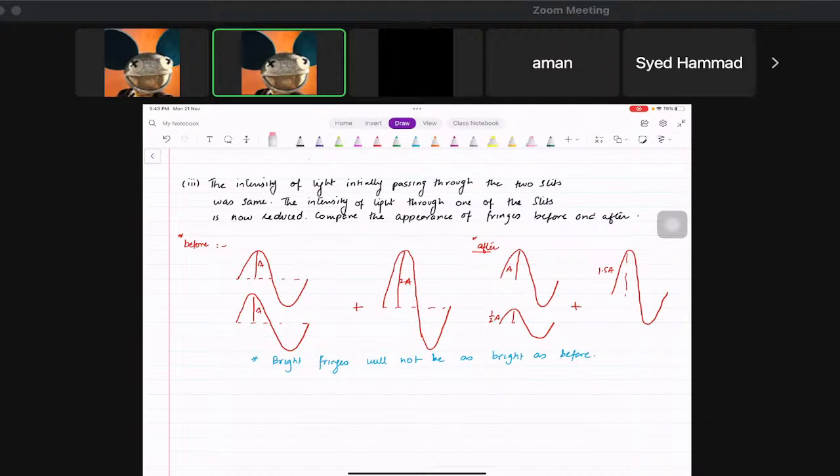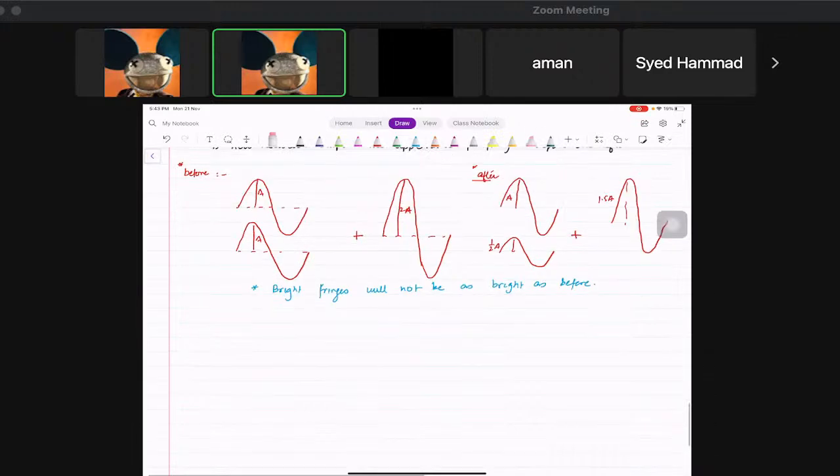Now, this was constructive interference. So what happens to destructive then? So suppose initially when we had the wave like this and the other wave, wait a second please. Okay, I made a mistake here.